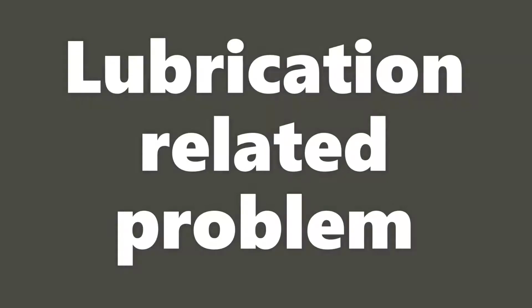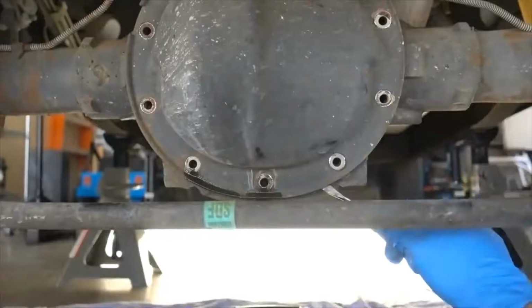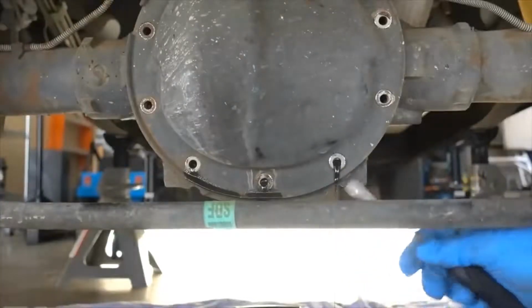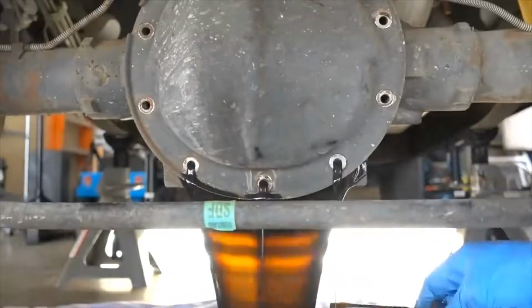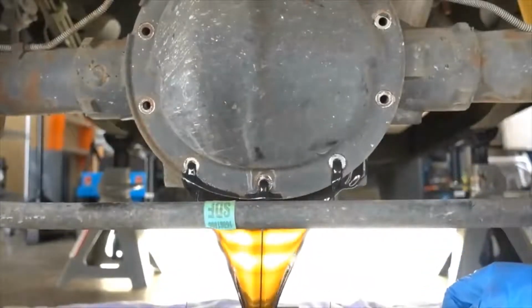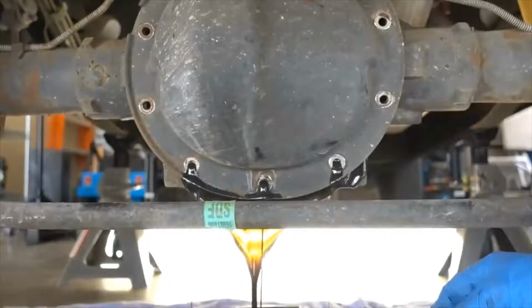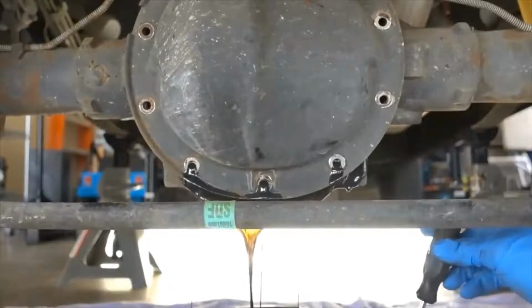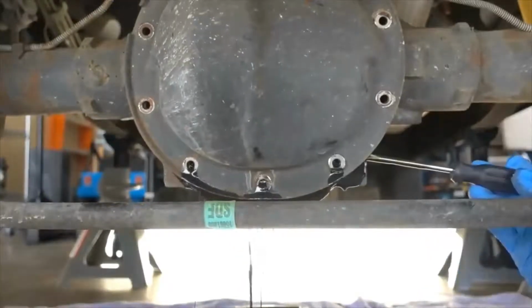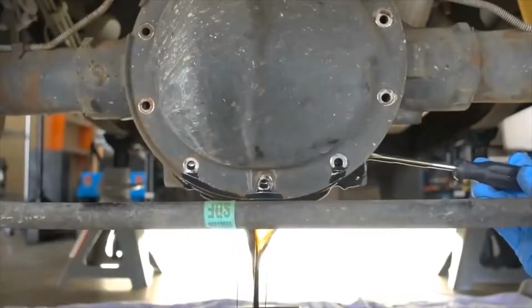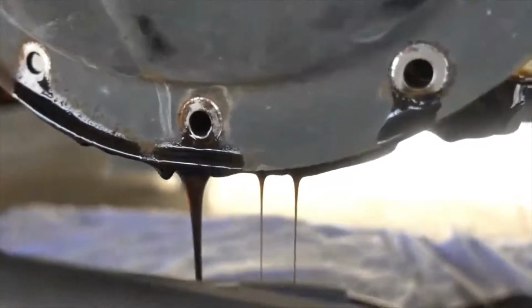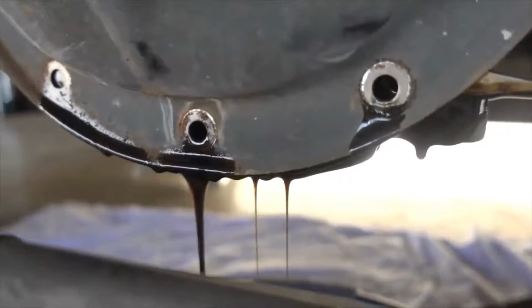Lubrication related problem. In this example, this is a video of an LSD which hasn't been serviced for 125,000 kilometers. And as you can see, the oil is very dark. It means that the lubrication oil has been degraded and cannot provide enough optimum lubrication on the gears inside.